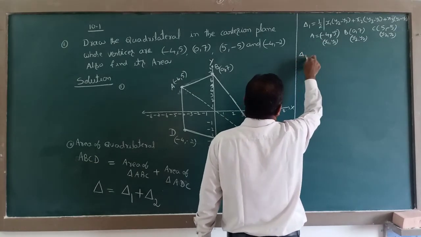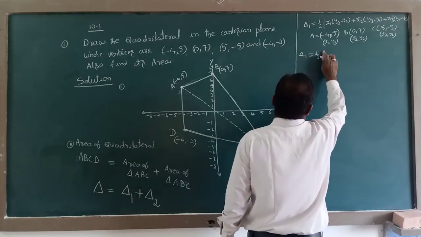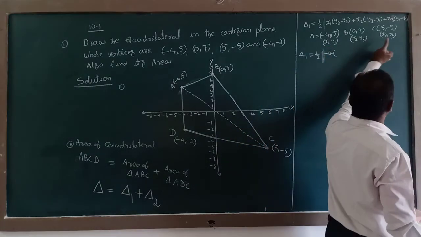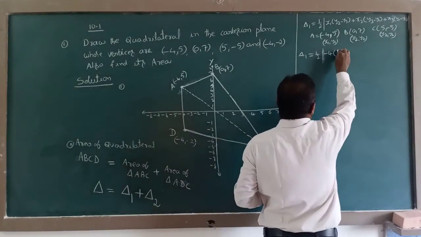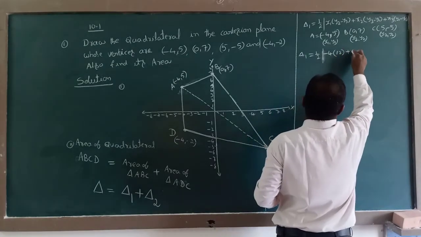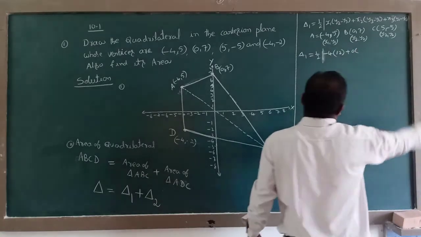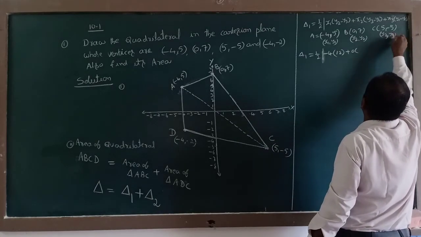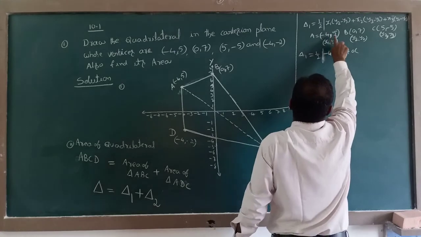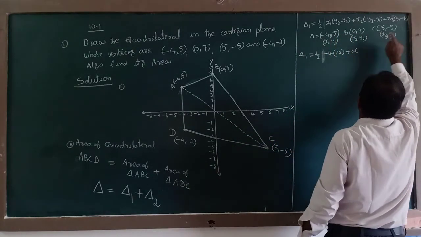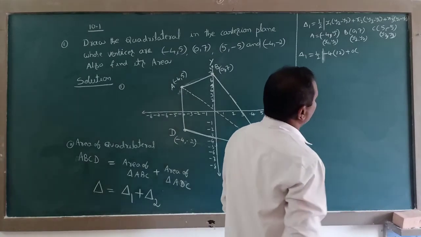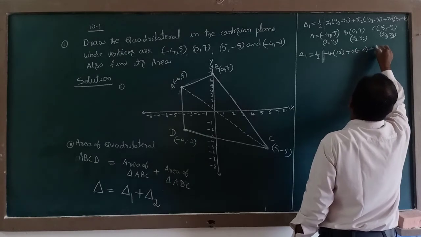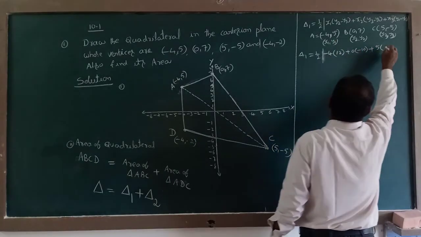Delta 1 is equal to half into modulus of minus 4 into (y2 minus y3), that is 7 minus of minus 5, which is 12, plus x2, which is 0, into (y3 minus y1), that is minus 5 minus 5, minus 10, plus x3, which is 5, into (y1 minus y2), that is 5 minus 7, minus 2.